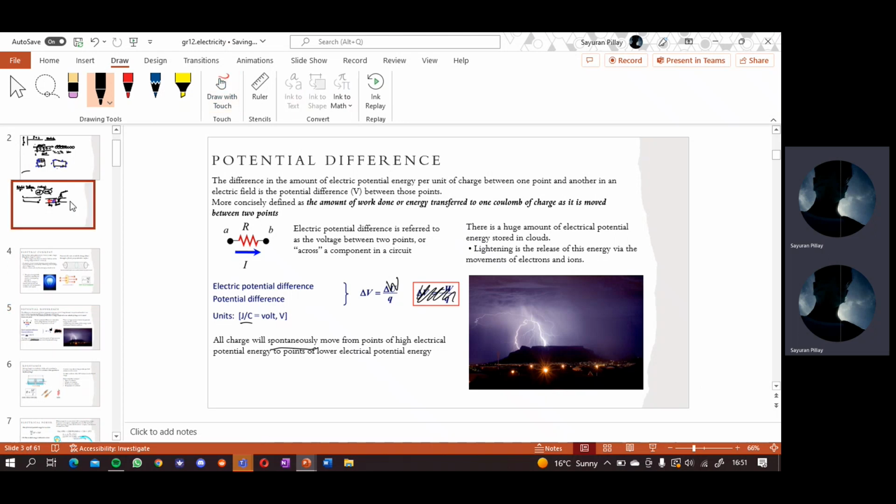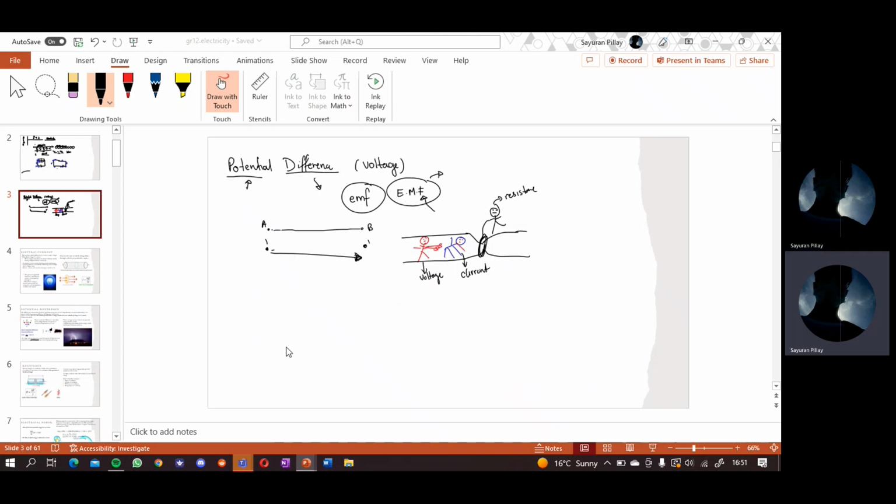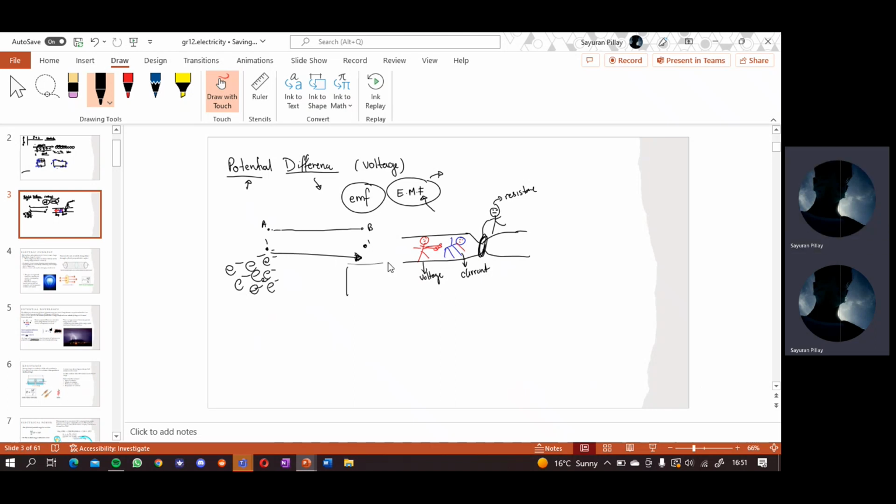Let's go back here. There's a lot of charge in one area, so lots of charge, lots of charge, lots of charge, okay, and then no charge, it's deficient. So charge will move here because of a gradient, because of the potential difference, the difference in energy, because this is more electrical energy here, and he has less electrical energy.